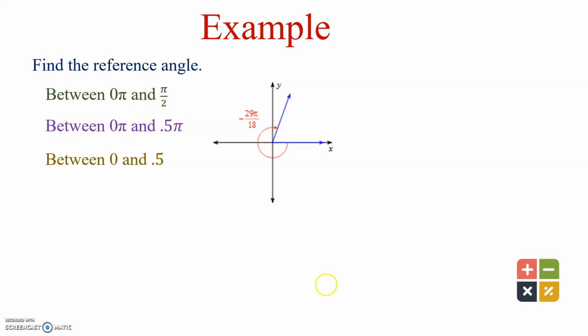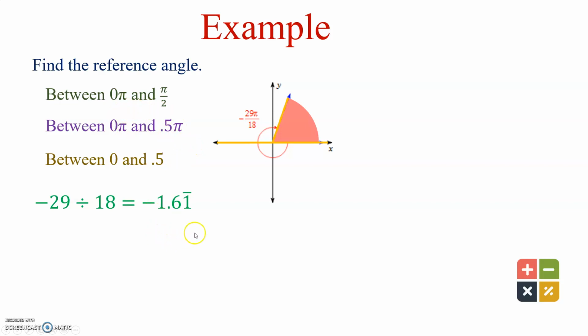If I use the calculator, there's my terminal side and my x-axis. So there is the angle we're looking for. Into the calculator, negative 29 divided by 18. This gives me something to work with. I'm going to start adding by ones, because we're supposed to add or subtract by 1 pi until we get to this value.